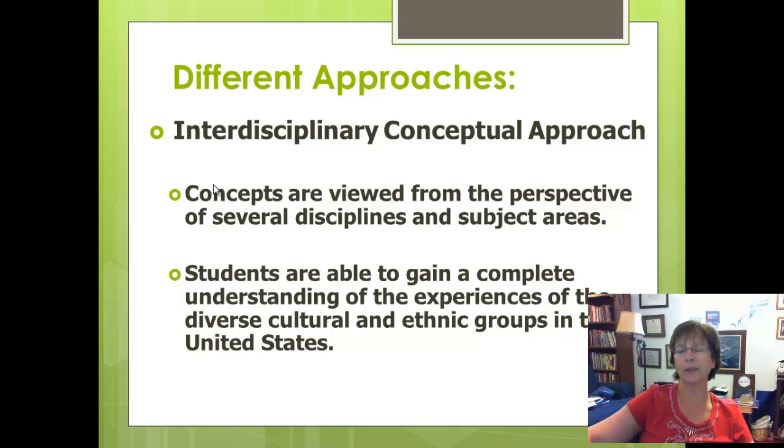This gives the students an opportunity to gain an understanding or experiences of diverse cultural and ethnic groups in the United States from a variety of different perspectives. So they see this interdisciplinary approach. They can see how social studies relates to ELA, which tends to be the connection which is made most frequently, and you'll often see the social studies and the English teacher working together, and the students get that connection.